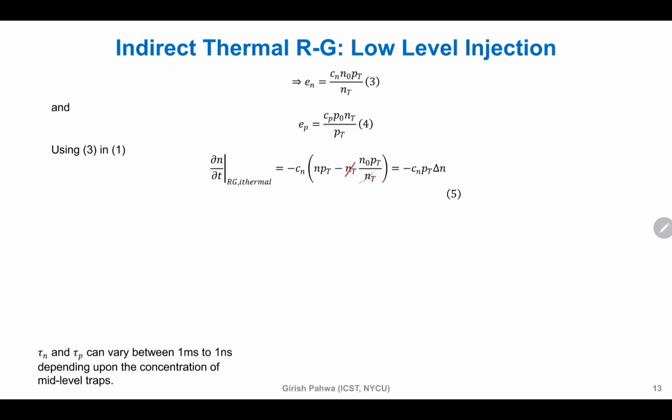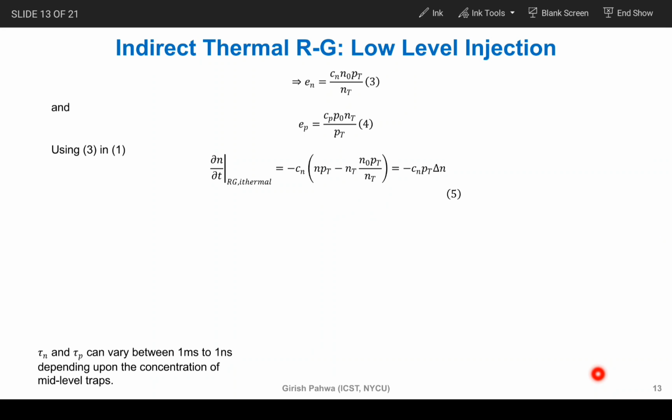NT is cancelled, so PT we can take out, and it will become minus Cn into PT into delta N, because you will be left with N minus N naught here. N minus N naught is delta N. That's what you get: Cn into PT, empty states, into delta N.